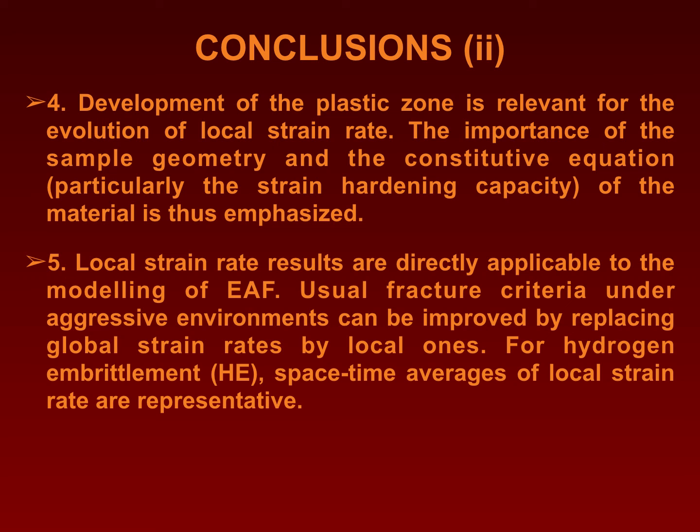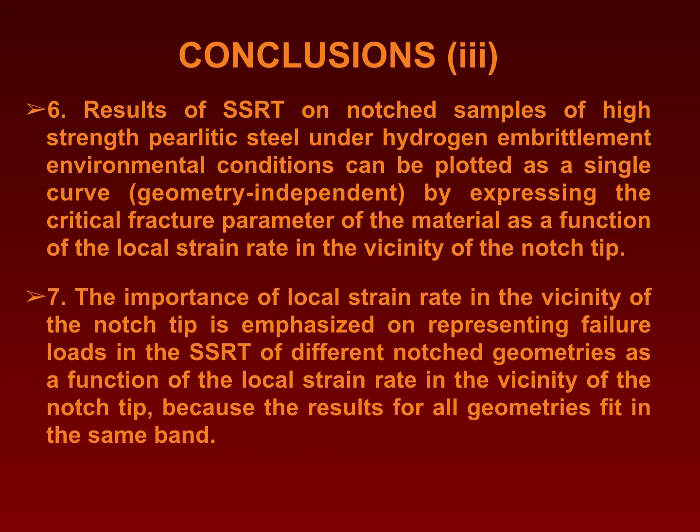Then, usual fracture criteria under aggressive environments can be improved by replacing global strain rates by local ones. For hydrogen embrittlement, HE, space-time averages of local strain rate are representative. Space average over the hydrogen-assisted microdamage or TTS region in pearlite, critical distance concept, and time average over the test duration or time to failure in the hydrogen embrittlement test with notched samples. 6.